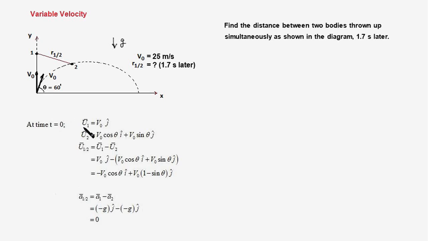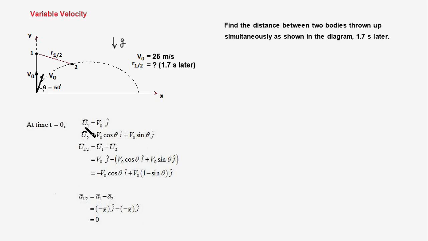So this is the initial velocity of object 1. It is going vertical, therefore it is v0 j. The second object has a parabolic trajectory and its initial velocity u2 is v0 cos theta i and v0 sin theta j.